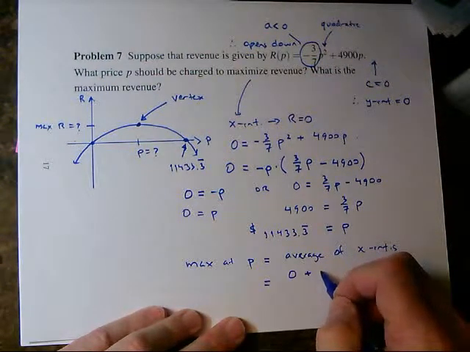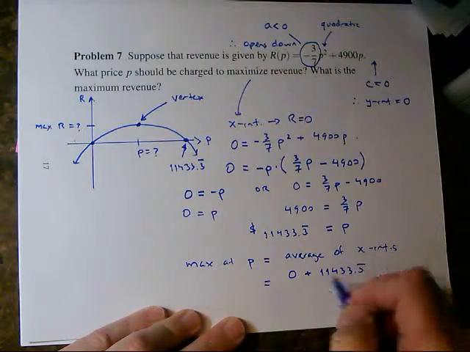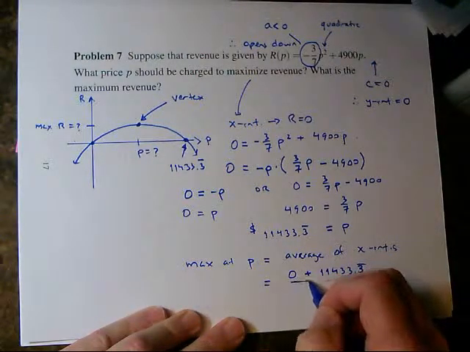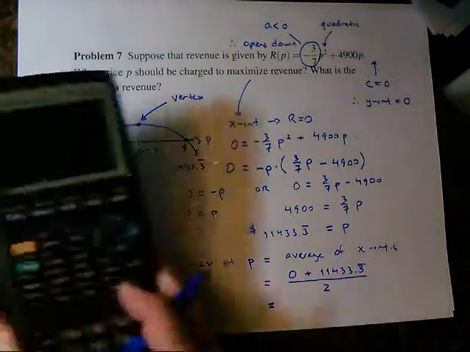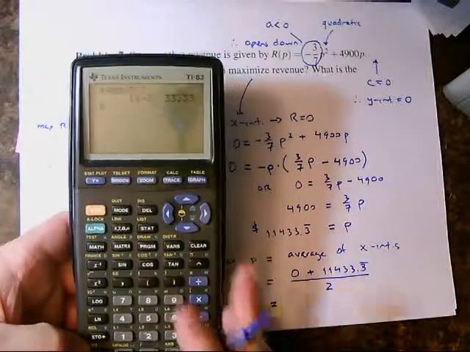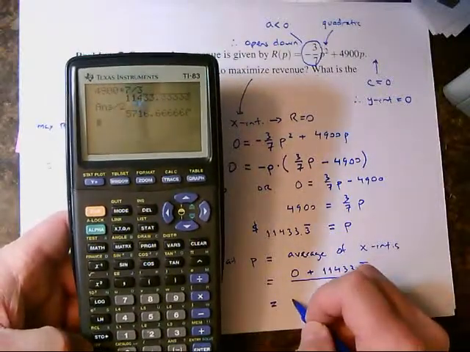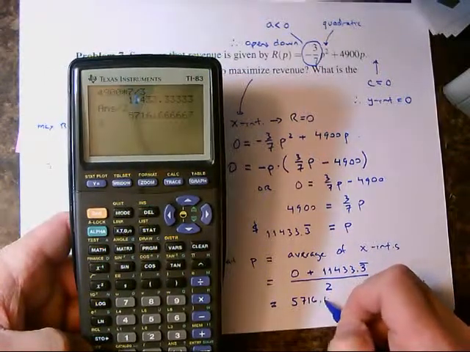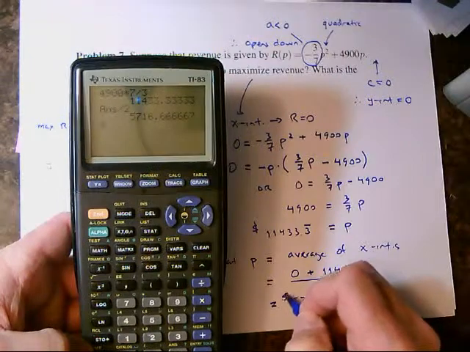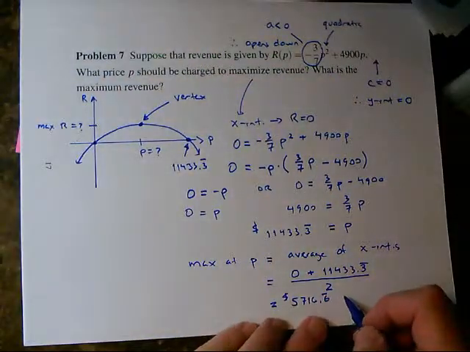So 0 plus 11433.33 repeating, divided by 2. That means I can simply take the number that I've got in the display of my calculator and divide it by 2. 5716.66 with 6's repeating forever. So that answers the first question.